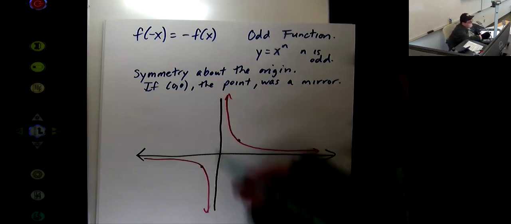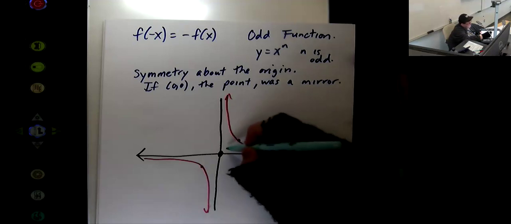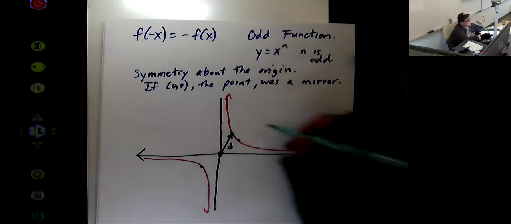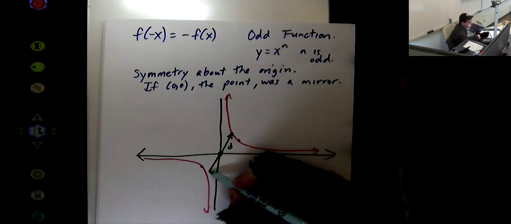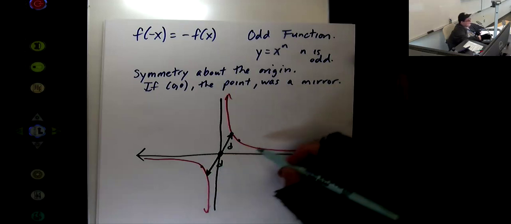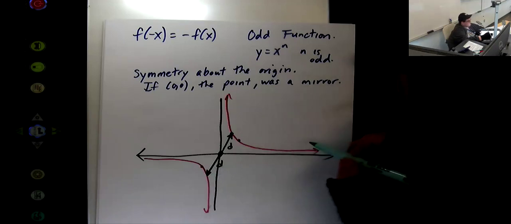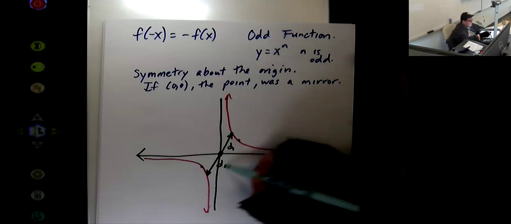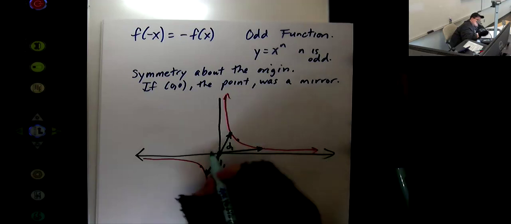From the origin, if I go a distance d and hit the graph at a point, I can go the exact opposite direction at distance d and hit the graph also. Does that make sense? The distances might not stay the same from point to point, but as long as equal and opposite is the same distance.